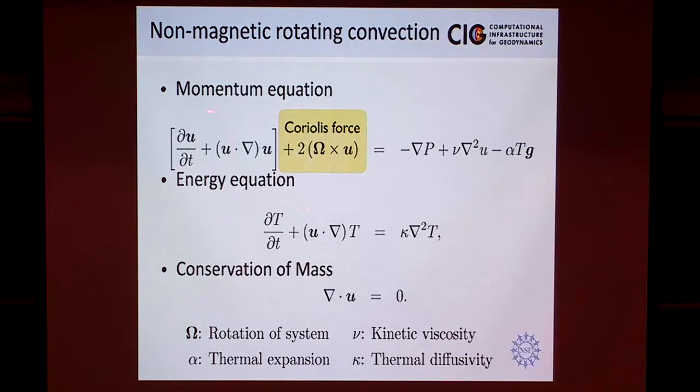We solve rotating convection in the spherical shell. So we solve the Navier-Stokes equation with thermal buoyancy and Coriolis force. And I will solve the energy equation without the heat source. And the conservation of mass is also solved in the system.